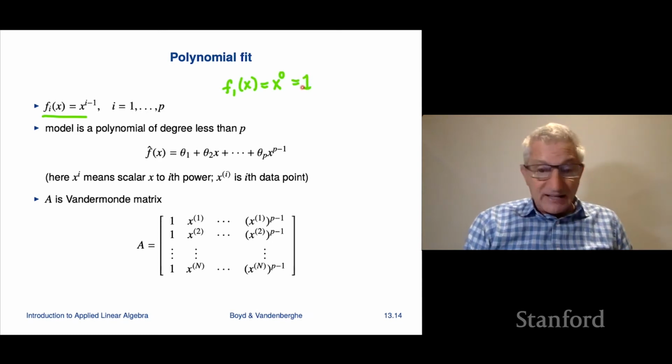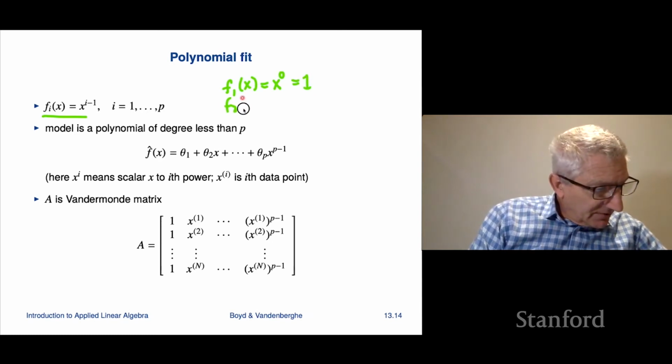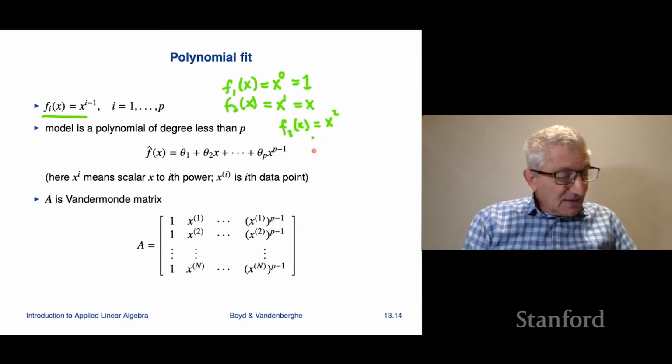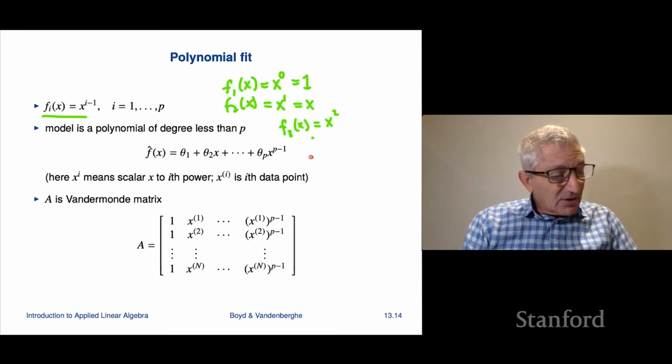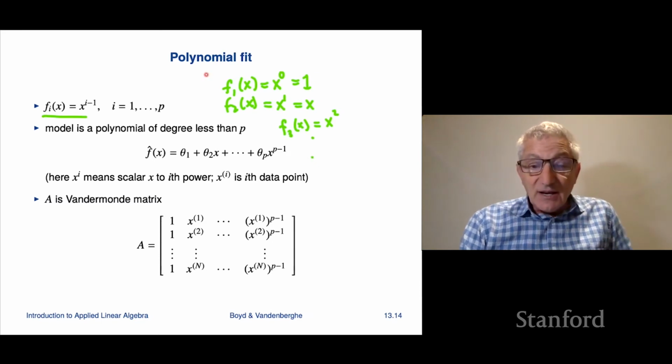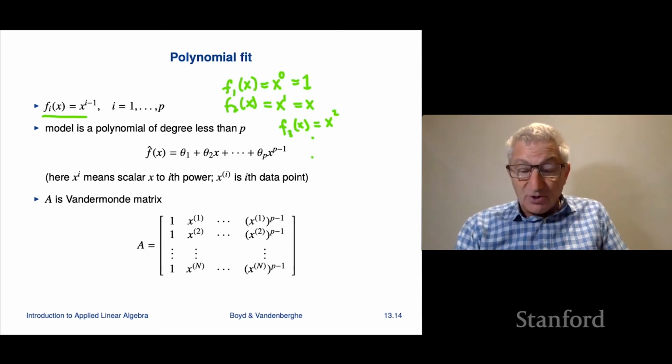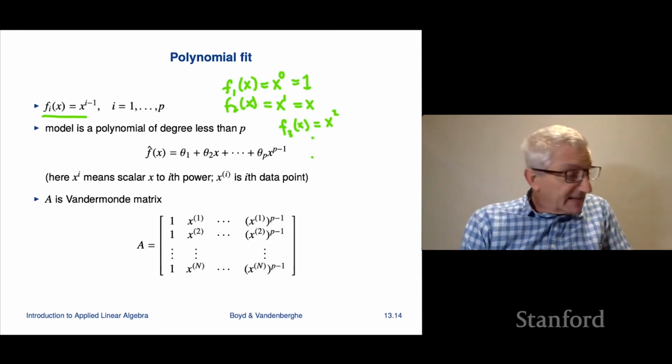That's our friend, the offset in the model. f2 of x is going to equal x to the 1, which is just x. f3 of x is going to be x squared, okay? And so on. Now, when I form a linear combination of these functions with coefficients given by theta_i, those are my model parameters or coefficients, I get a polynomial of x, right?